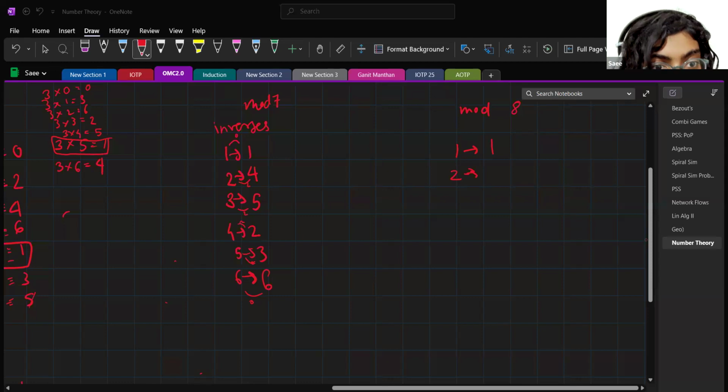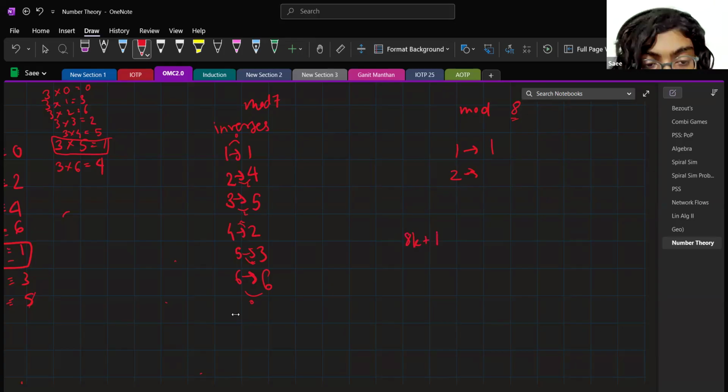Okay, I see. GCD of 2 and 8 is not 1. So you're saying that if it were to exist mod 8, it would have GCD 1 with 8. I like this argument. So Nikhil is saying 8k plus 1 is odd, right?